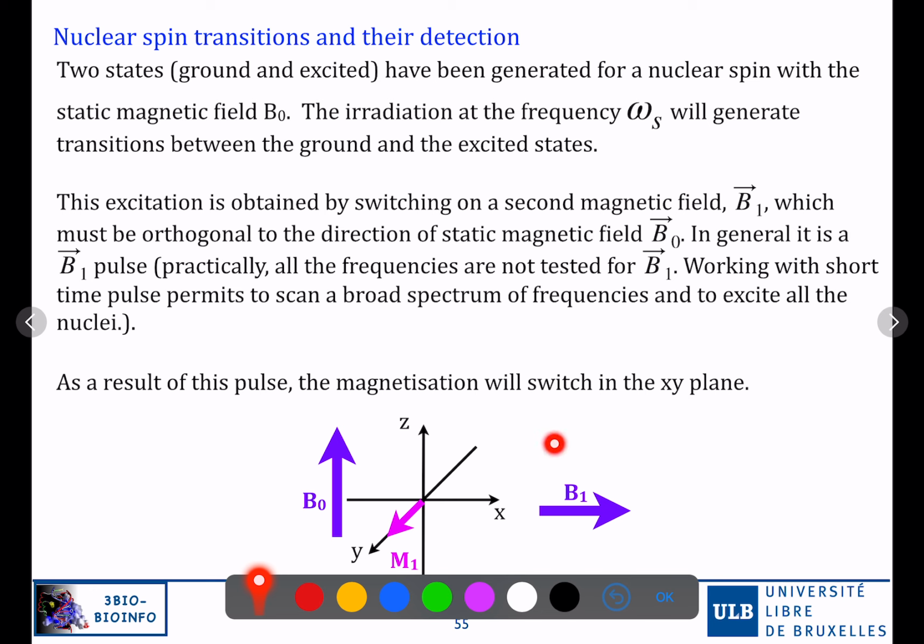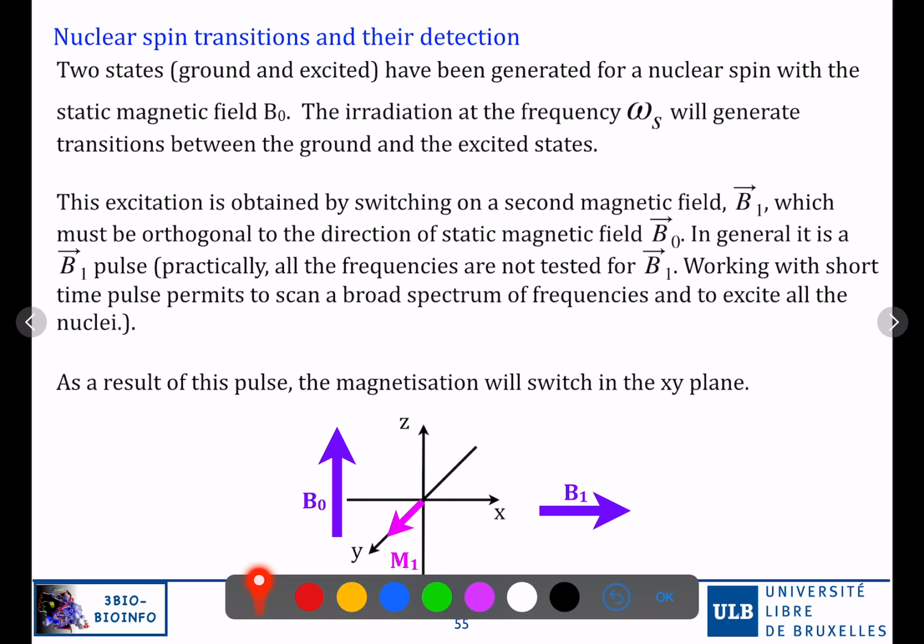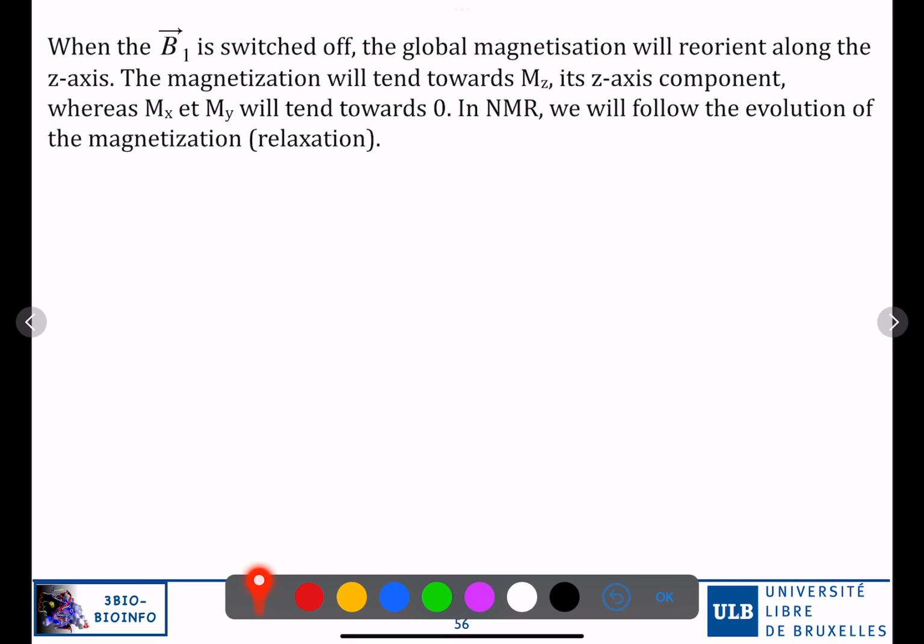So thanks to this second magnetic field, and thanks to this pulse, you will switch the macroscopic magnetization, and the X and Y components of the vector magnetization, in the XY plane, will be different from 0. After that, you will switch off the B1 magnetic field, so it's a very short pulse of B1.